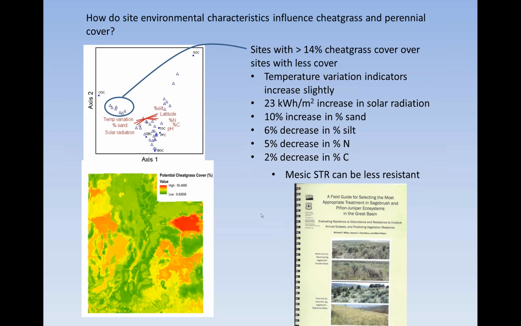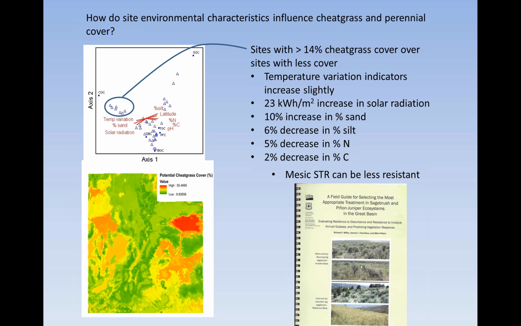We're trying to understand network-wide why some sites tend to get more cheatgrass than others, and Gene Chambers and Rick Miller have developed this excellent field guide where they talk about how more mesic or warmer soil temperature regimes tend to support cheatgrass better. You definitely see that in the Wyoming sagebrush. You see much more resistance up in the mountain sagebrush.